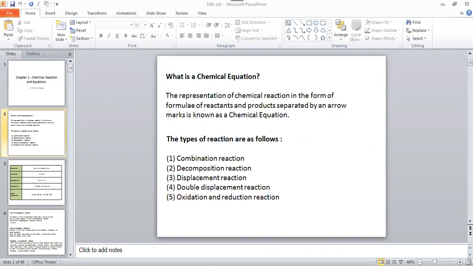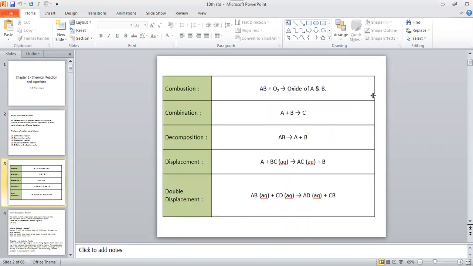Next, all these reactions are summarized in tabular form so that we will understand all these types of reactions with their general equations. The first type of reaction is the combustion reaction.